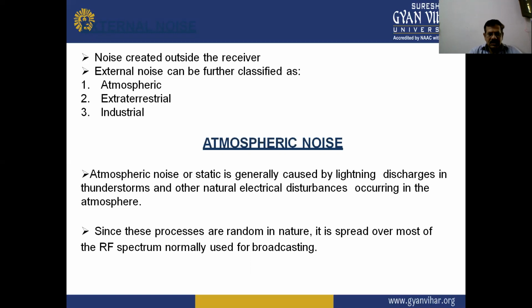Since these processes are random in nature, it is spread over most of the radio frequency spectrum normally used in broadcasting systems. So this atmospheric noise is a random process in nature.